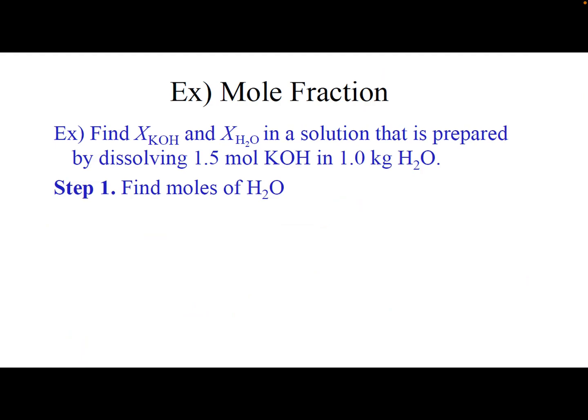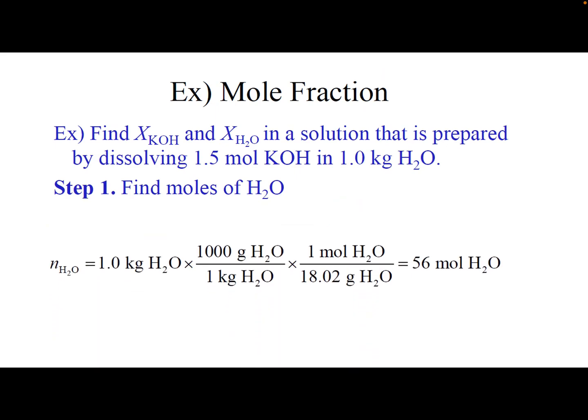First, I would probably convert that kilograms to grams. And then from the grams, you can find the moles of water. So first you'll do the kilograms to grams, and then 1 mole of water is 18.02 grams. So we have 56 moles of water and 1.5 moles of potassium hydroxide.